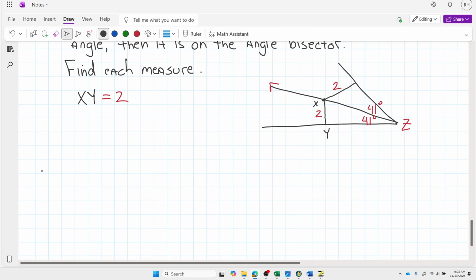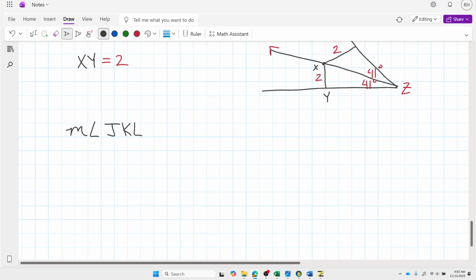In that next example, you're asked to find the measure of angle JKL. And here's your picture. We've got point L here.